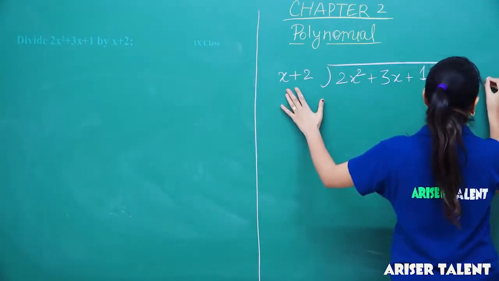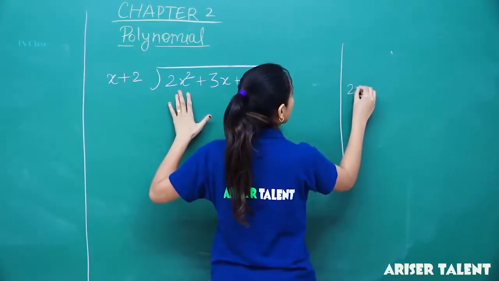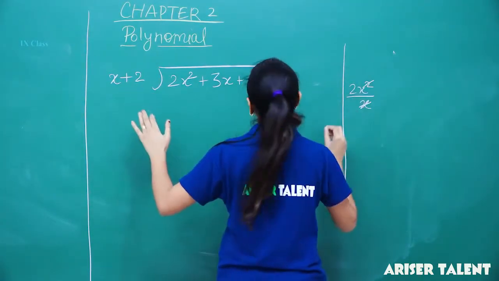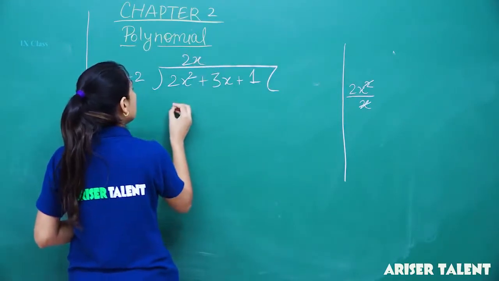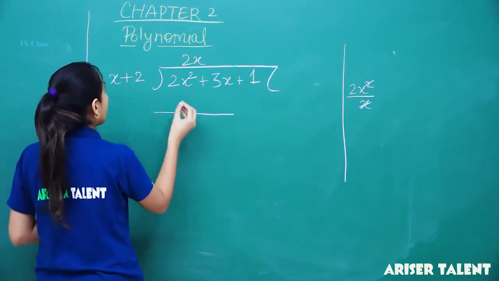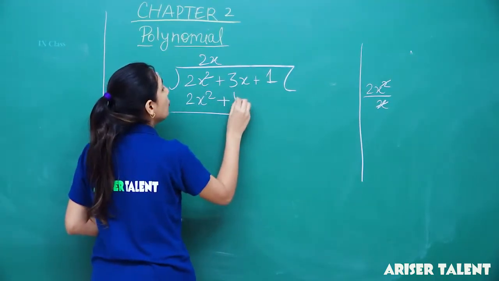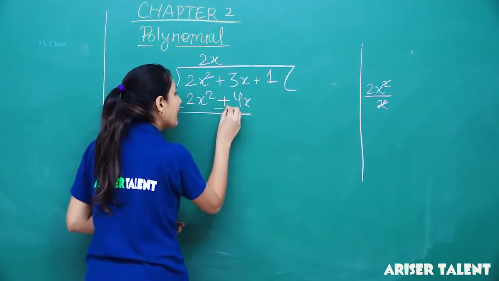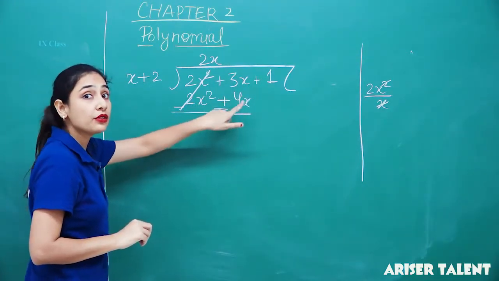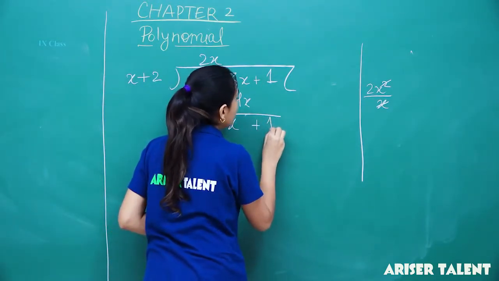Now, first step, 2x square divided by x will give you 2x. So, write 2x here. Now, 2x multiplied by x, you will be getting 2x square, and plus 4x, minus cut, cancel out. Now, plus 3x minus 4x will give you nothing but minus x. Okay, this plus 1 is remaining.